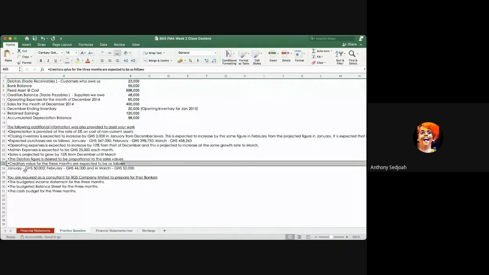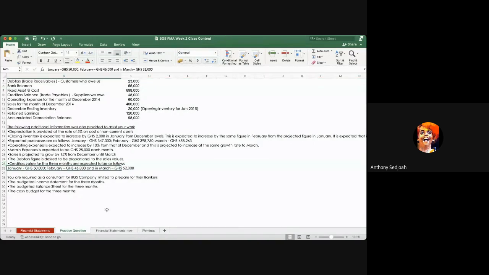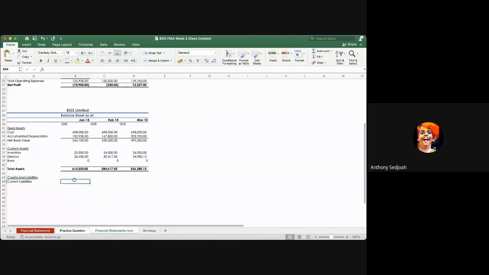The question has given us the creditors values for the 3 months. So we can just copy and paste them there. January is 50,000, 46,000 in February, and then 52,000 in March. So 50,000, 46,000, and then 52,000.